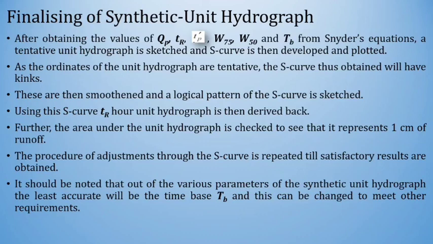These are then smoothened and a logical pattern of the S curve is sketched. Using this S curve, the TR-hour unit hydrograph is then derived back. Further, the area under the unit hydrograph is checked to see that it represents 1 centimeter of runoff. The procedure of adjustments through the S curve is repeated till satisfactory results are obtained.